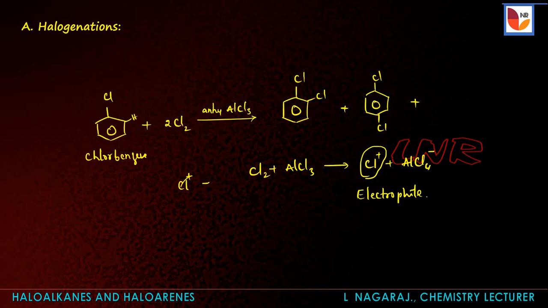That hydrogen combines with the extra Cl minus, it gives HCl. That is, when chlorobenzene undergoes chlorination in the presence of anhydrous aluminum chloride, it gives a mixture of ortho and para dichlorobenzene.